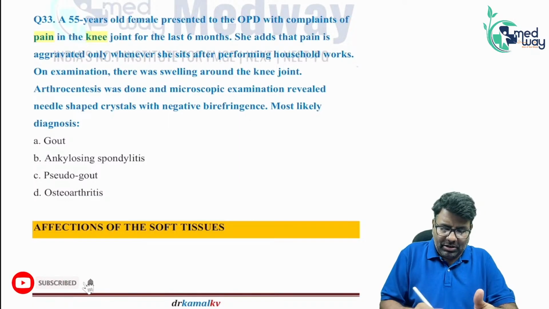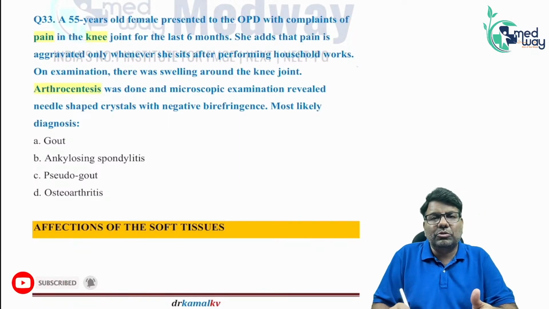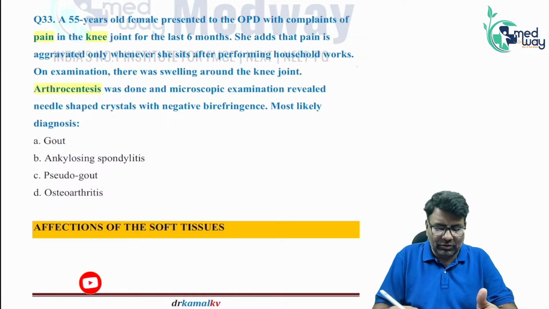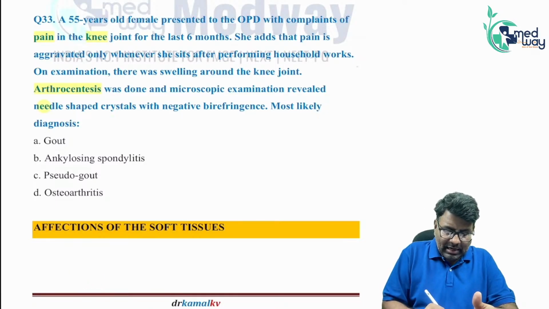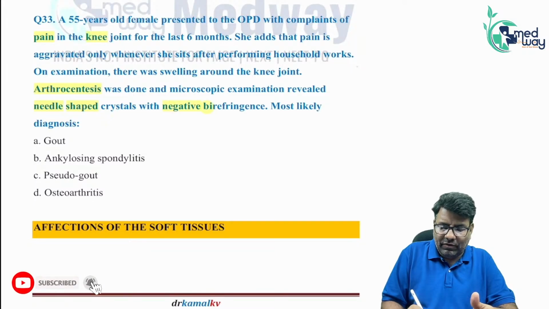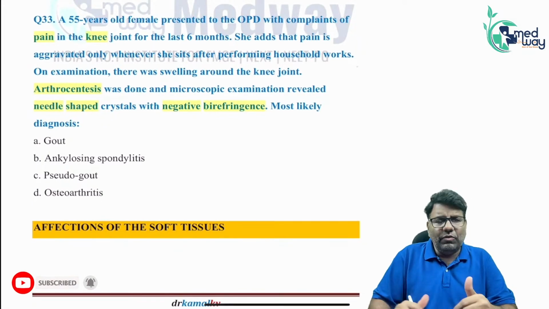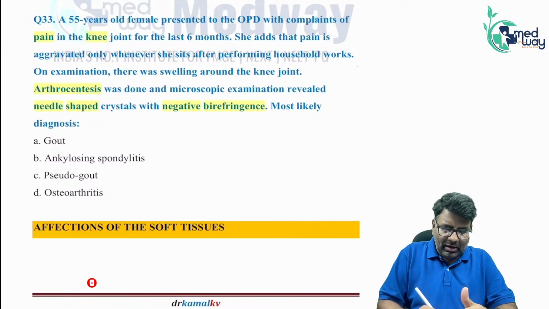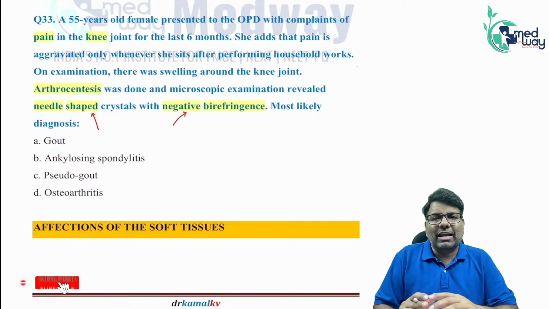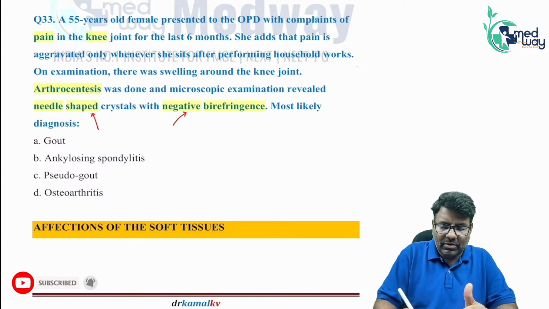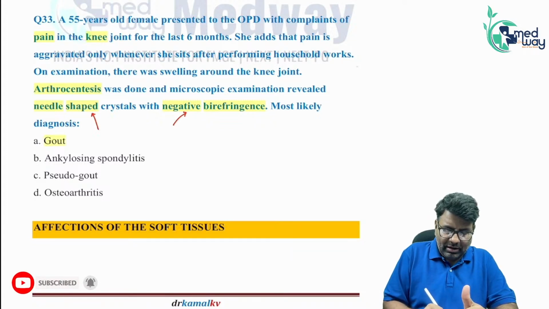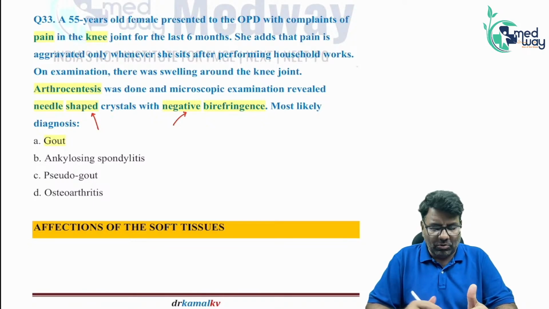But on examination, especially arthrocentesis, that is aspiration of the joint, there are needle shaped crystals which are negatively birefringent. So even if you don't know anything in the case history, needle shaped negatively birefringent crystals, this is classical of gout, right? So this is classical for gout.